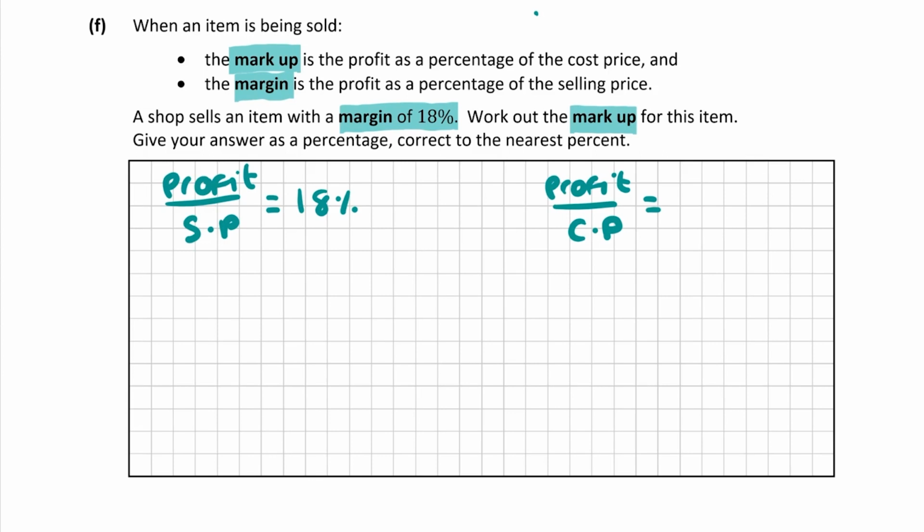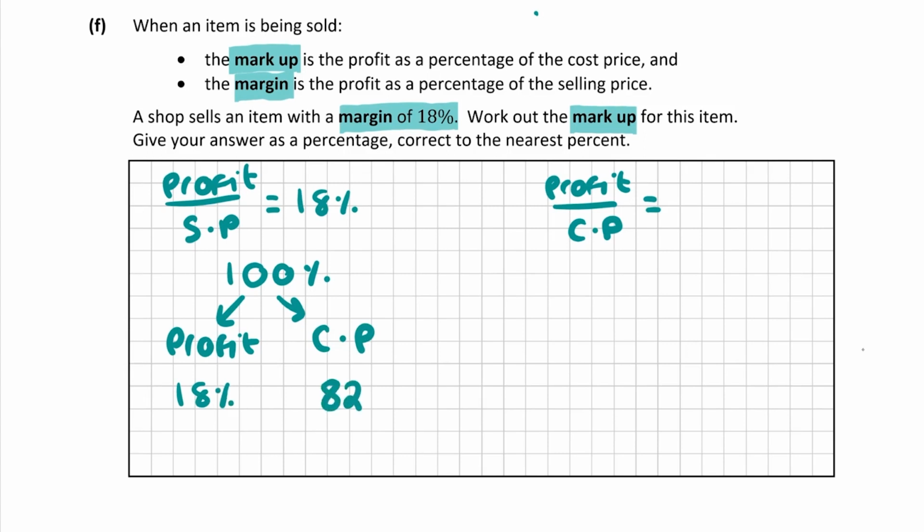Because the margin is the profit in terms of the selling price, if the selling price of the item is 100%, it's divided between the profit and the cost price. So if the profit is 18%, that means that the cost price is 82%.